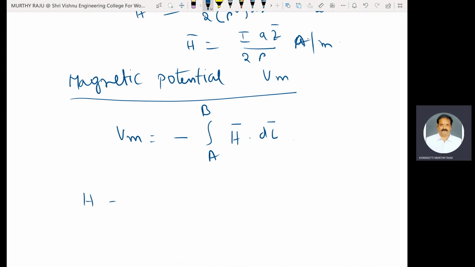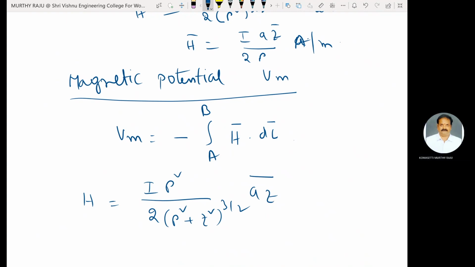Already determined, the magnetic field intensity at a point P on the axis of the circular loop is H is equal to I rho square by 2 (rho square plus Z square) whole power 3 by 2 AZ bar.